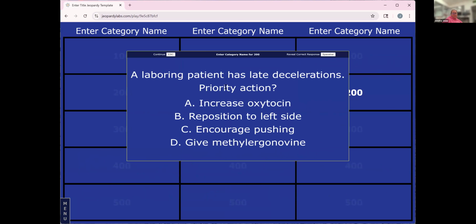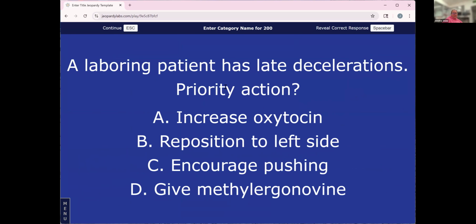200? Late decels, what do we do for late decels? B. Reposition. Yep, you always put them on the left side. Why? Why do we put a patient on the left side?